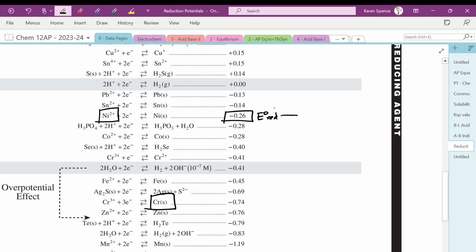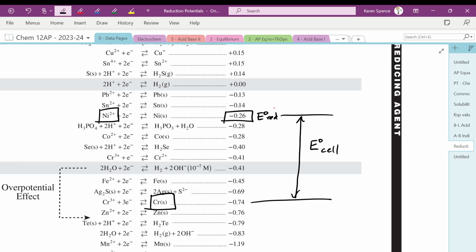Okay? That difference right there between those two values, that's going to be the reduction potential of the cell. So what we're going to do is take the reduction potential of one of them and add it to the oxidation potential of the other one, or we can subtract the reduction potential, and we'll get into that in a minute.